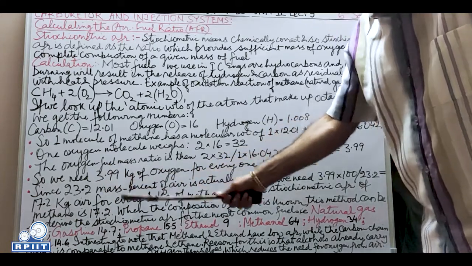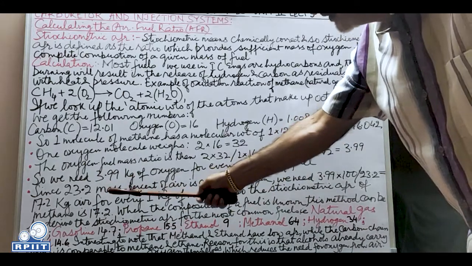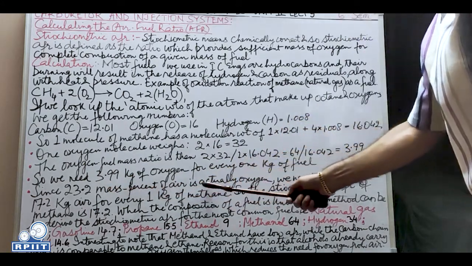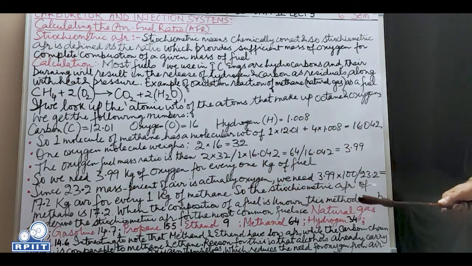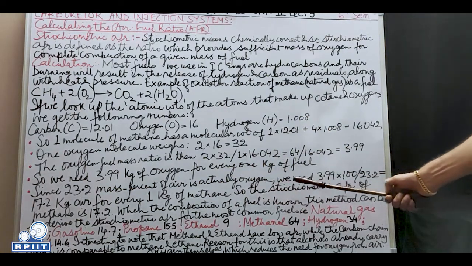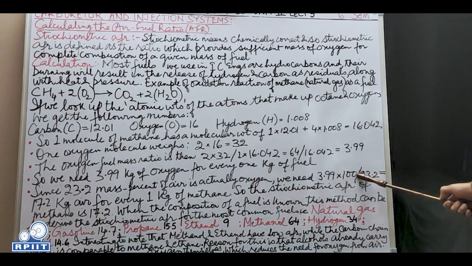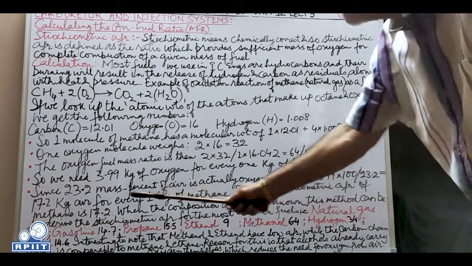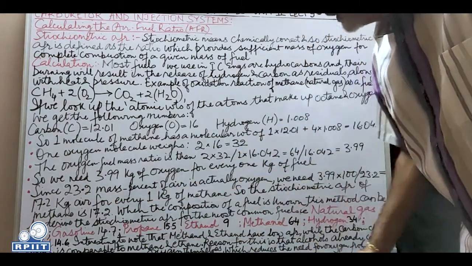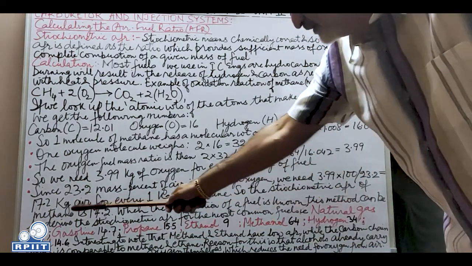We know that 23.2 mass percent of air is actually oxygen. So considering that, we need 3.99 into 100 upon 23.2, which is equal to 17.2 kg air.